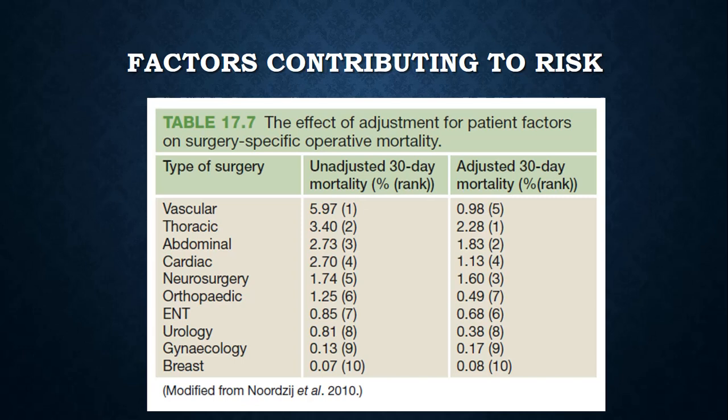Like if a patient with unadjusted risk, the mortality would be around 5.97%, while after adjustment and stabilization of the patient, the 30-day mortality would decrease to 2%. Similarly, abdominal surgery from 2.73% to 1.83%. Orthopedics 1.25 to 0.49%.